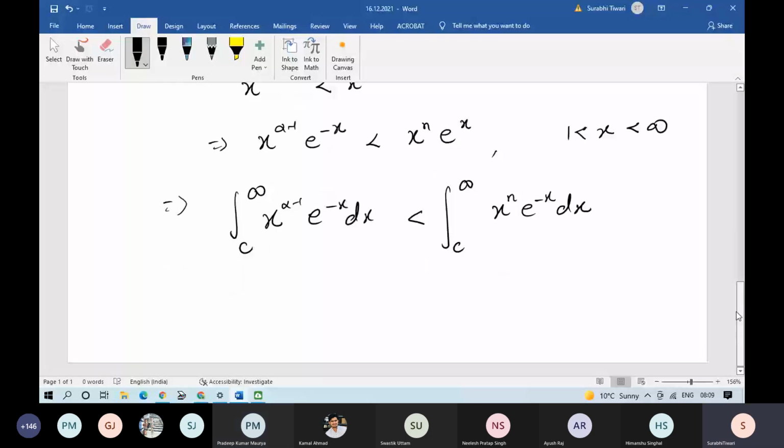So if we show that the bigger integral is convergent, then this will also be convergent. So now coming to this, what is the definition of this? This is the limit as b tends to infinity of the integral from c to b of x to the power of n e raised to the power of minus x dx.